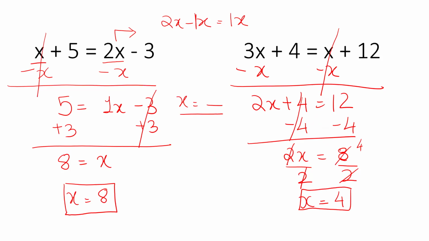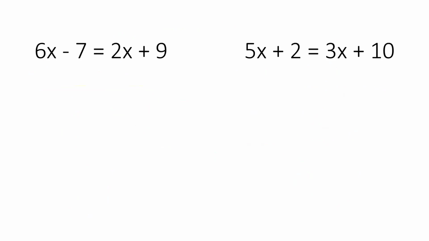Let's look at another set of examples. Again, our procedure still remains the same. With the lower x, we are going to subtract from both sides. In this case, it's 2x, so we are going to take away 2x from both sides.